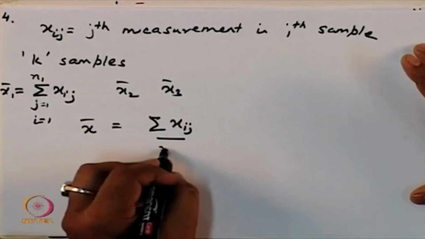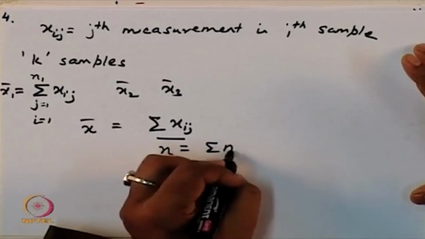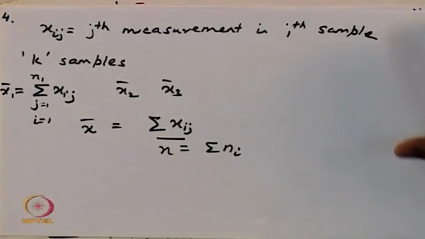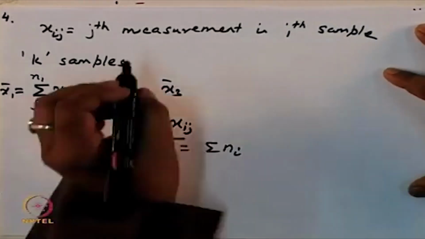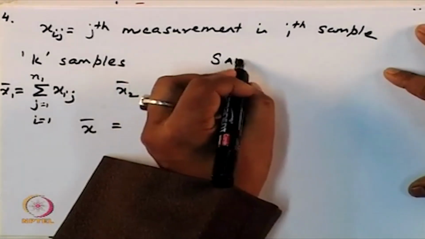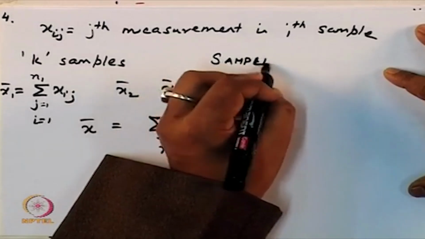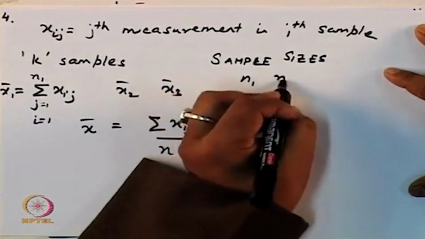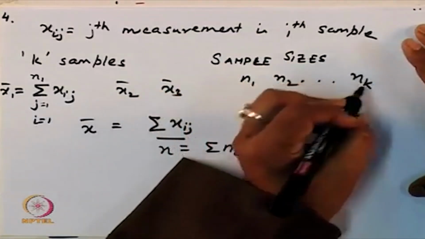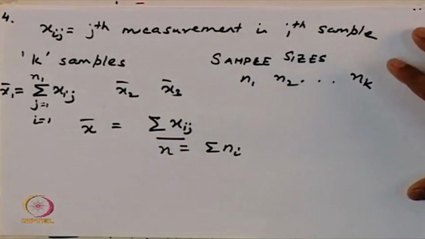So, summation Xij by n, where n is defined as summation of ni. Okay. So, you can define this x bar, and your sample sizes are n1, n2, nk, where k is the total number of populations. Okay.